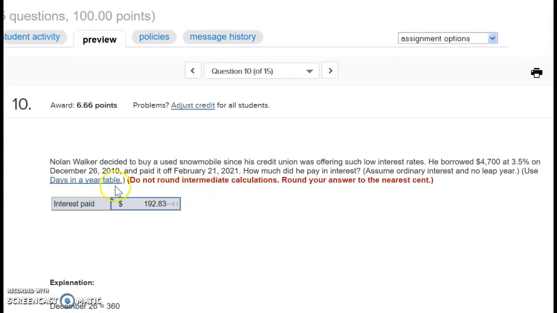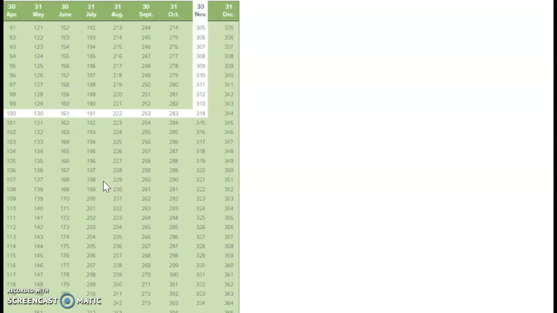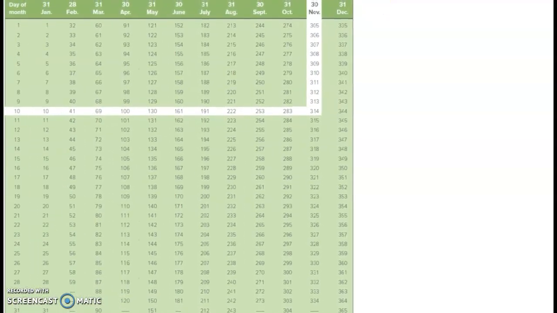And I'll just show you that really quickly on the table for February 21. So if we go to the February column and 21 row, that's 52 days.